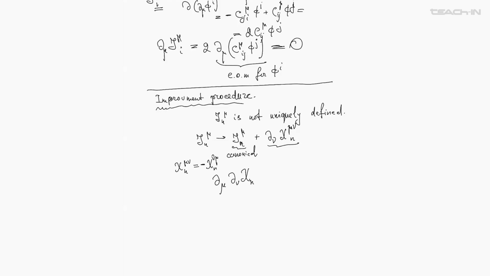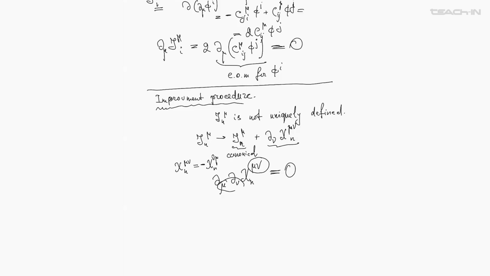But since derivatives d mu and d nu commute, while the tensor chi is skew symmetric in indices mu and nu, the result is 0. If you change indices mu for nu, you get minus the same expression, so the expression is equal to itself with a minus sign, which means that it is 0. In other words, adding this term does not break the conservation law.